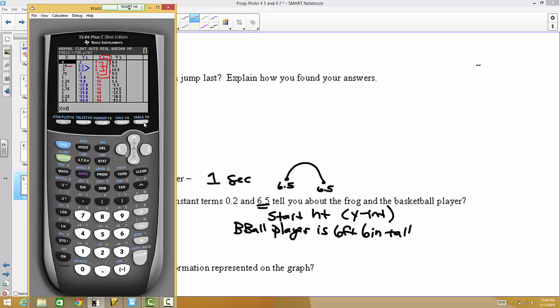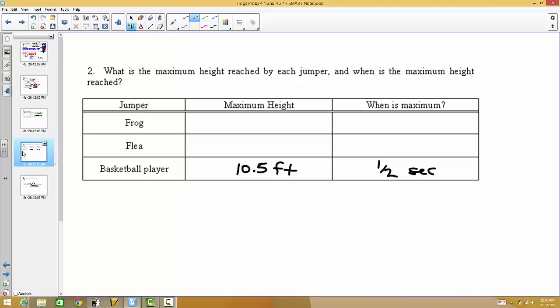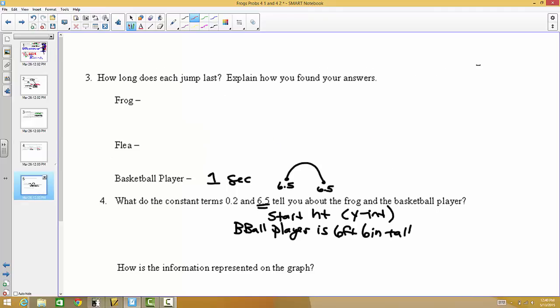Let's fill out the worksheet here. The flea's maximum height is 1 foot. That's pretty tall for a tiny flea of 0 height. And the maximum is at 0.25 seconds, or you could put 1/4 of a second.